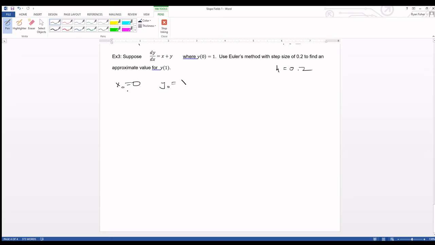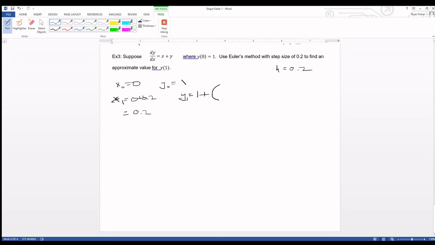Okay, let's get our first step. I know that x1 should be x0 plus 0.2, which is unsurprisingly 0.2. The first y should be the previous y, which is 1, plus the value of the derivative at the previous spot.